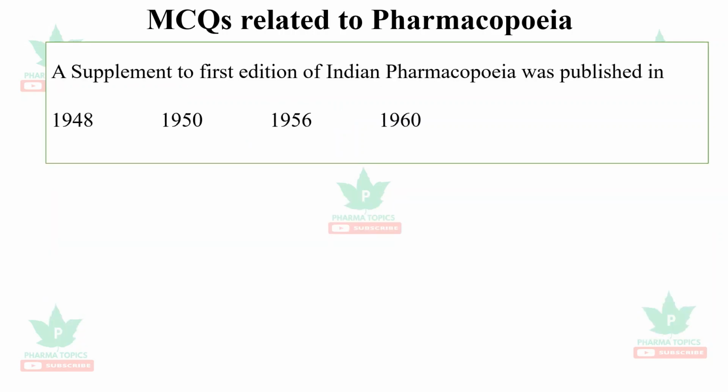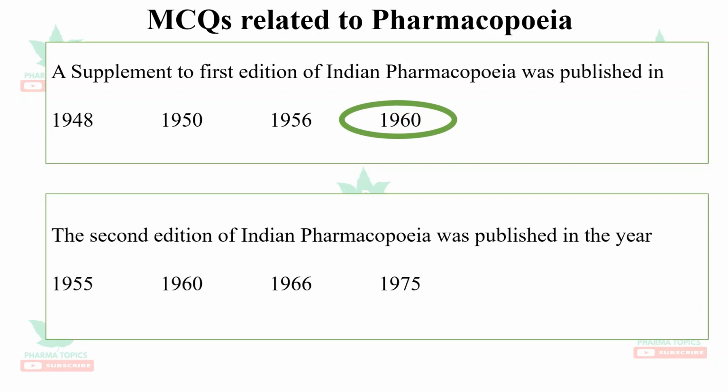A supplement to the first edition of Indian Pharmacopoeia was published in the year 48, 50, 56 or 60, and it is 1960. The second edition of Indian Pharmacopoeia was published in the year 55, 60, 66 or 1975. The second edition was launched in 1966.